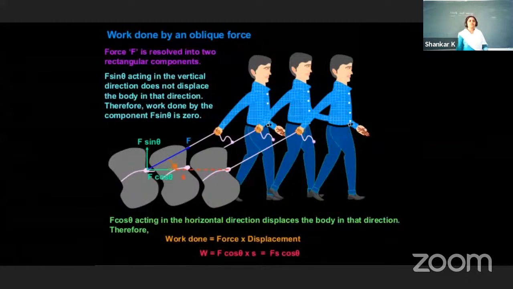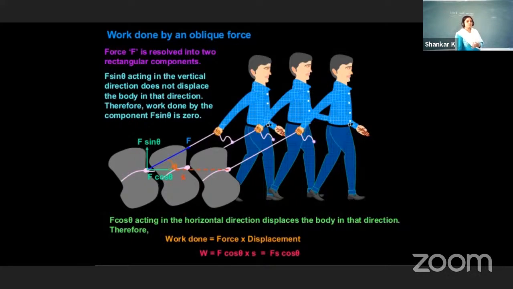Here you can see work done by an oblique force. He is carrying a load, we can say. He is dragging a load. He tied a rope to that. He is dragging it. Here we can say that work is done because when he is dragging that heavy load, he needs to put some force, and it changes its displacement in the direction in which he is drawing that load.